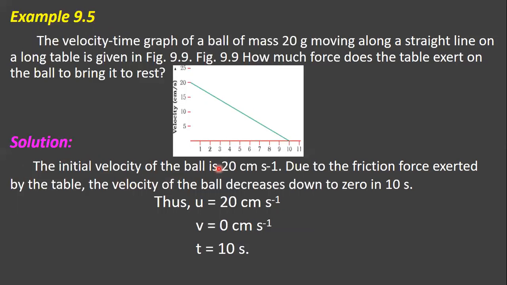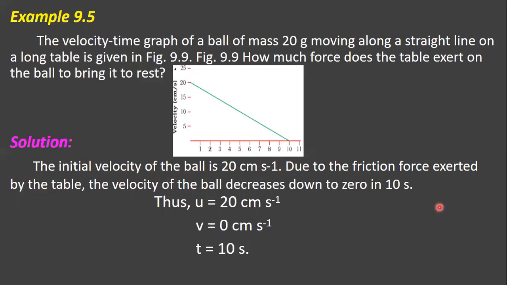See, the initial velocity of the ball is 20 centimeter per second. Observe the graph here children. The initial velocity of the ball is 20 centimeter per second, from the figure you can say.